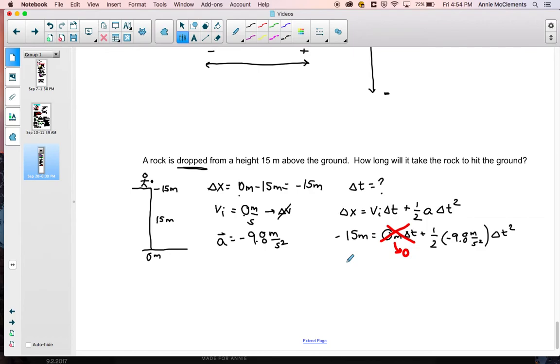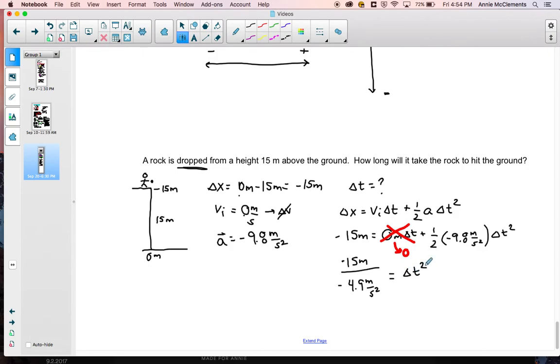Then we've got negative 15 meters divided by 1/2 of negative 9.8. That is negative 4.9 meters per second squared, equals delta t squared, right?